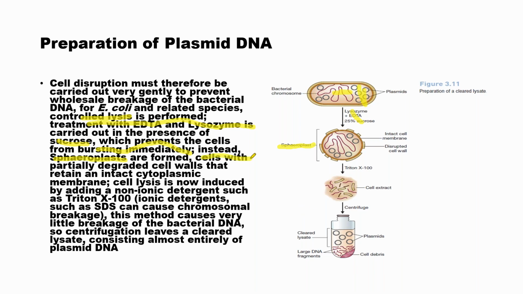Cells with a partially degraded cell wall that retain an intact cytoplasmic membrane. You can see in the picture. In the first picture, the cell is like this. It's a whole cell covered with a whole cell wall and a plasma membrane. Here you can see the cell wall is broken. You can see gaps here.